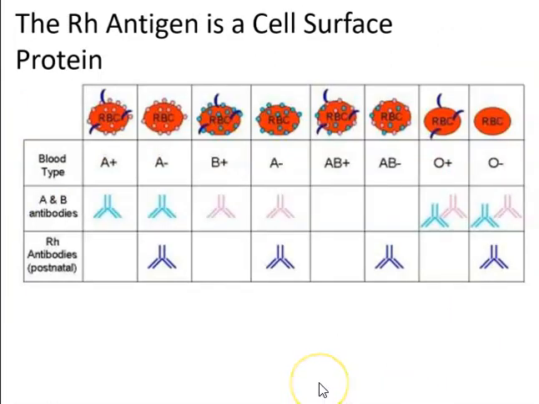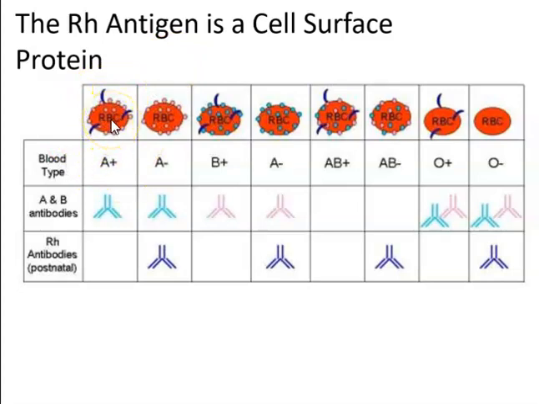So here is just a lovely table showing you the different blood types and the different antibodies that are present. So for example, if the blood type is A positive, that means we have the type A antigen as well as the Rh antigen on the surface of the red blood cell.